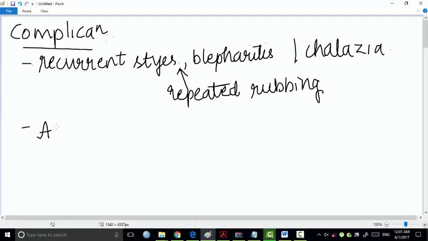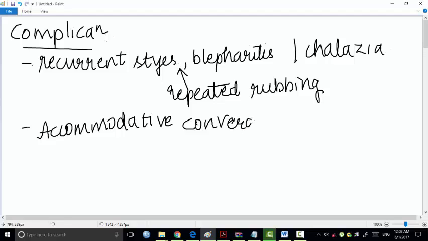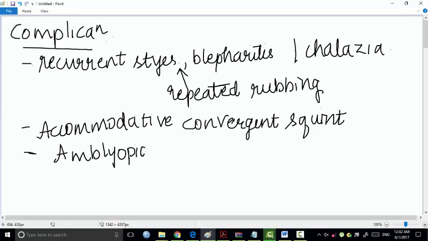It may also cause accommodative convergent squint. Right? Accommodative convergent squint. And it may also cause amblyopia, that is not correct vision.